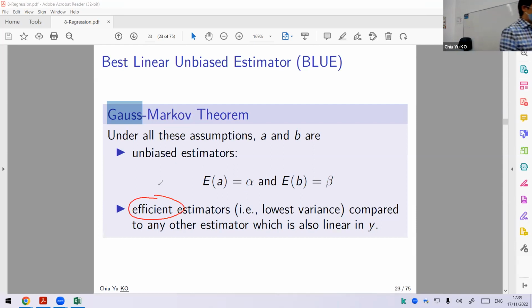Which means these estimators hit the target with less error. Of course, efficient has some qualification: it only compares against other estimators that are also linear in Y. Of course, this is very technical, but in your mind, you just need to remember they are unbiased and they are accurate.